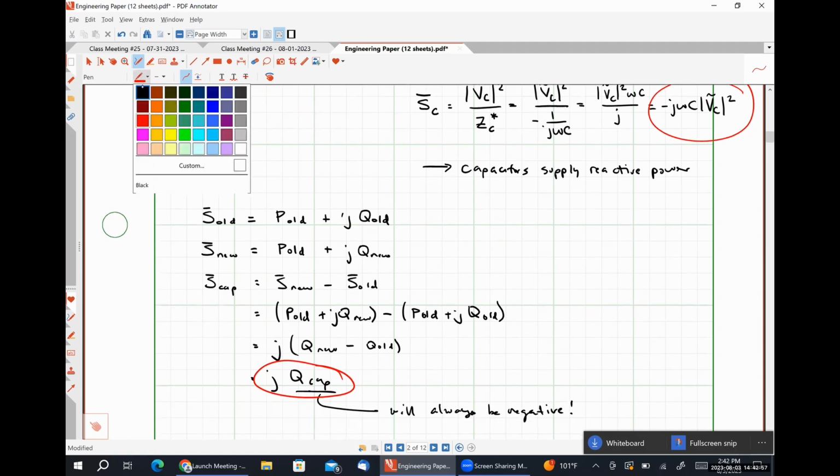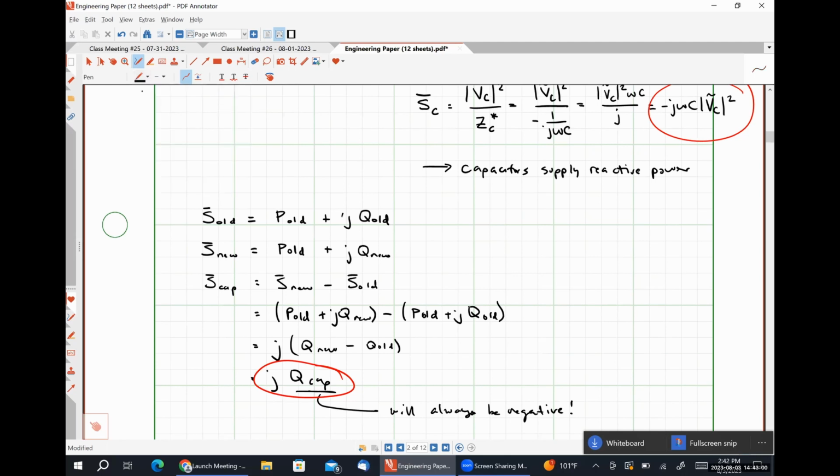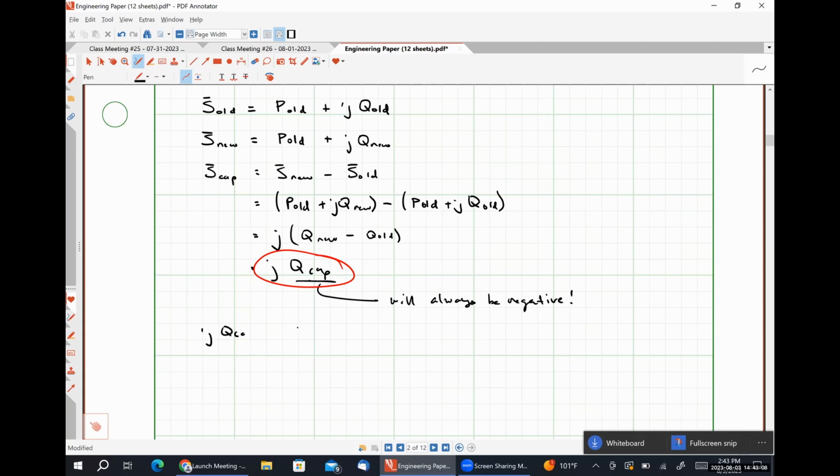Okay. So we could say that this is equal to negative, and solving for C now, what we'll find is that our capacitor value will be negative Q cap.